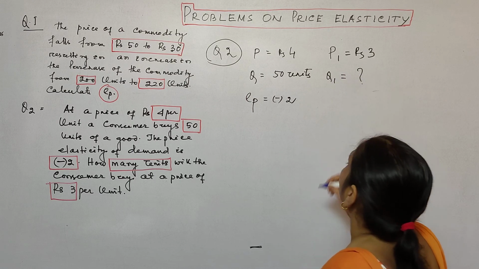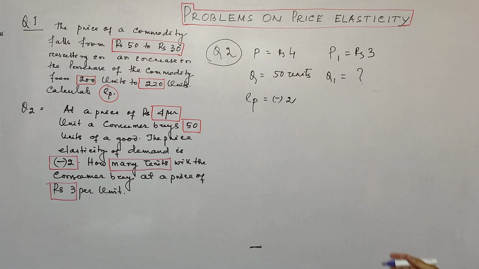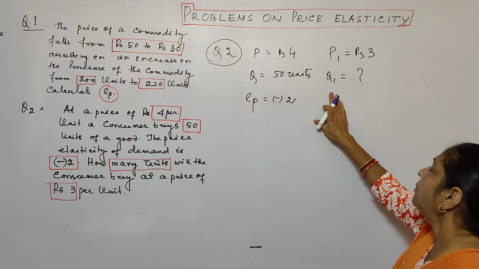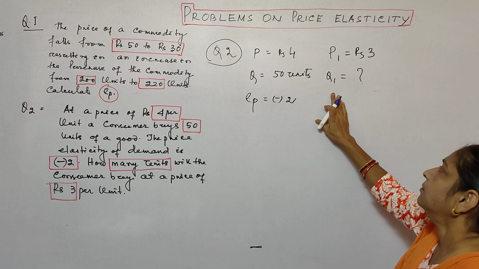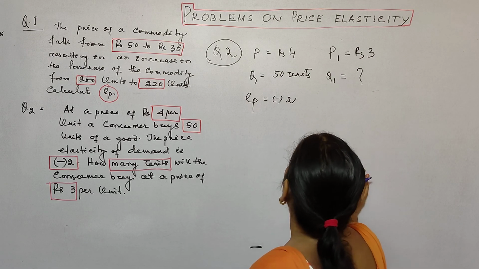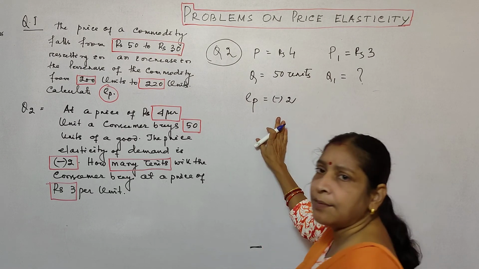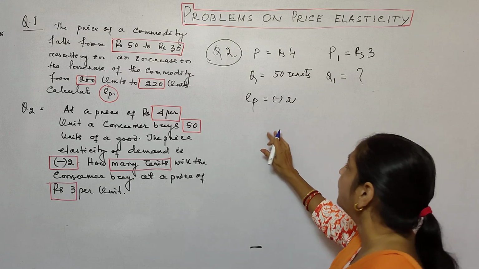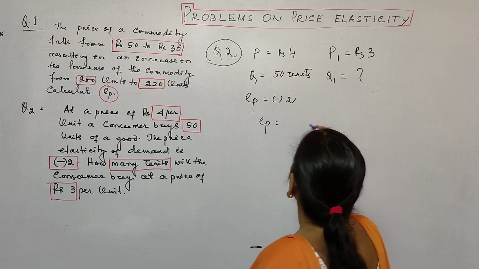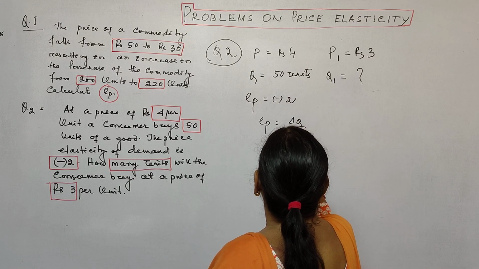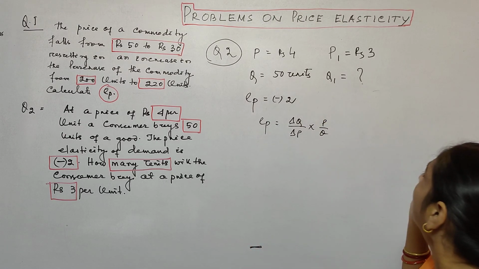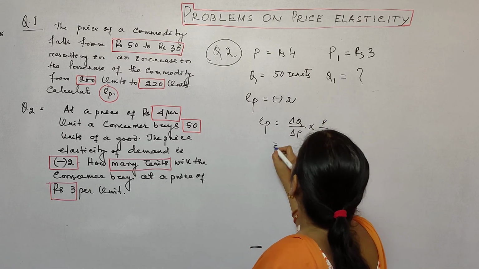They have given everything, but Q1 they have not given. So we have to apply the same formula of EP. EP equal to delta Q by delta P into P by Q. Now we'll put the value of delta Q.